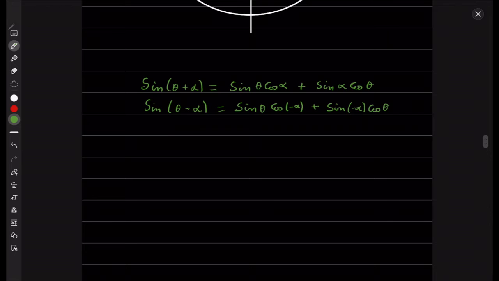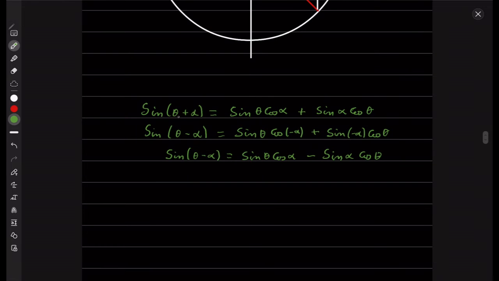So we can finally get sine theta minus alpha is equal to sine theta cos alpha, since cos minus alpha stays the same, and then, because sine minus alpha is equal to negative sine alpha, this becomes minus sine alpha cos theta.